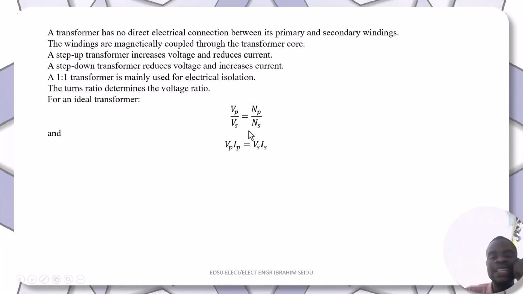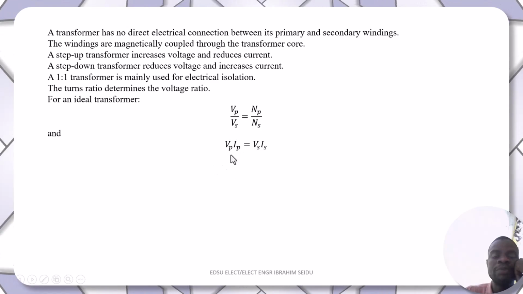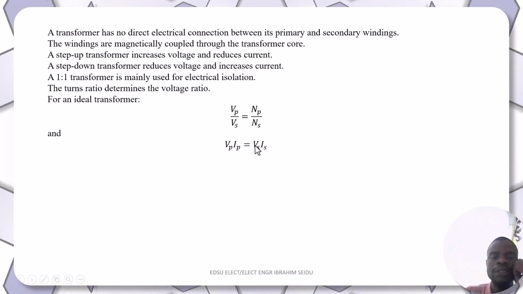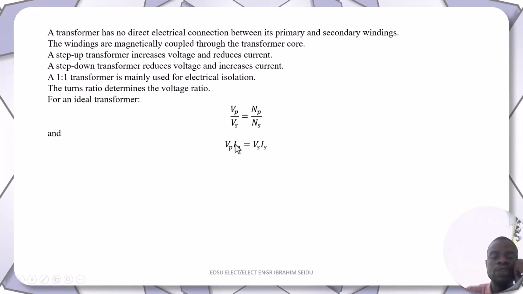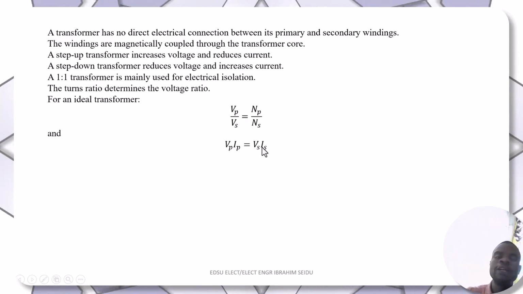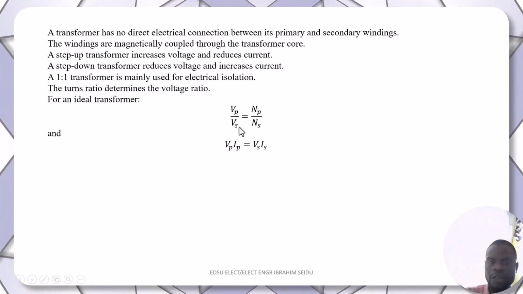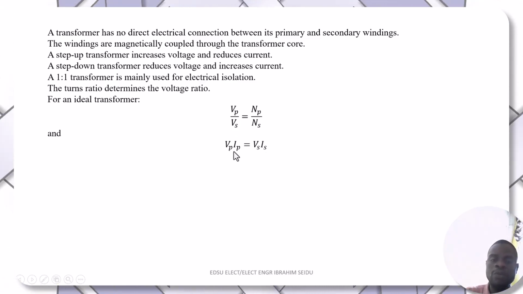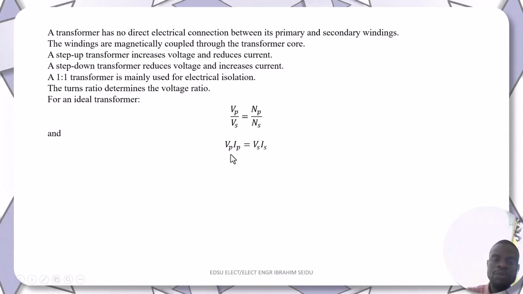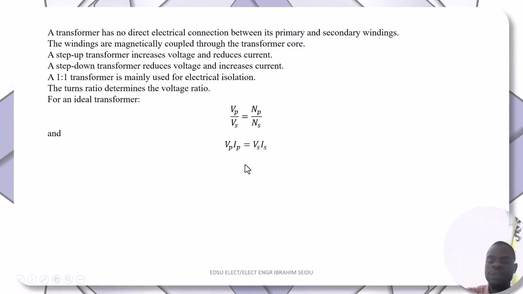But when we take how this was formed, our primary power equals the secondary power. Our input power equals the output power. From here, if we are looking for one of them, let's say the input voltage, we can decide to divide both sides by the input current.